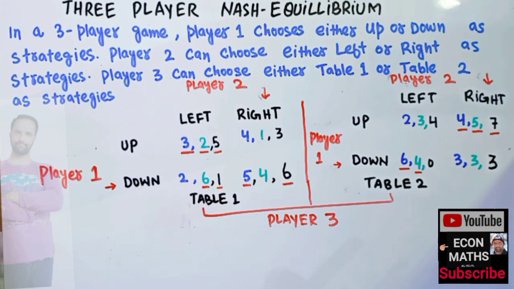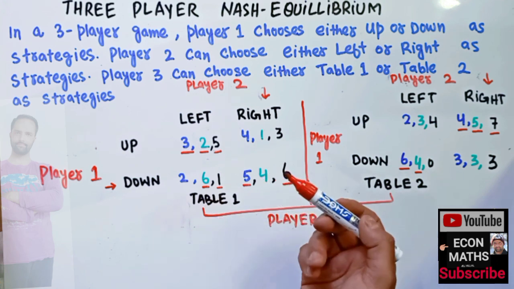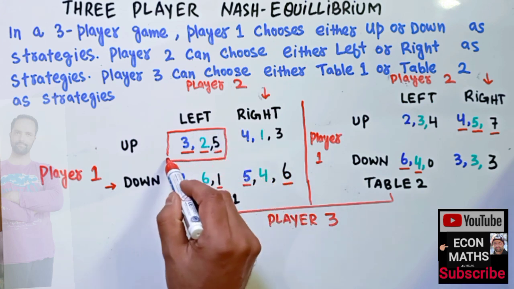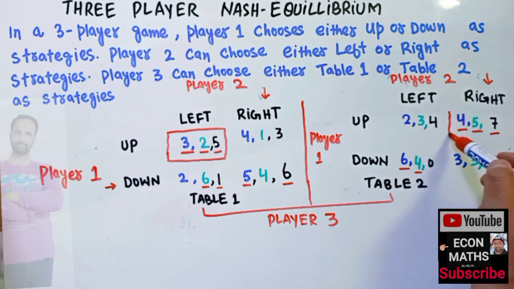Okay, now what are the Nash equilibria here? By Nash equilibrium what we mean, Nash equilibrium occurs when each player chooses his optimal strategy given the other players have also chosen their optimal strategies. And in this table, Nash equilibria will be there where all the elements in a cell are underlined. Here we can say, see, all the cells are here underlined. That means we have this Nash equilibrium, and here also we have these cells underlined.